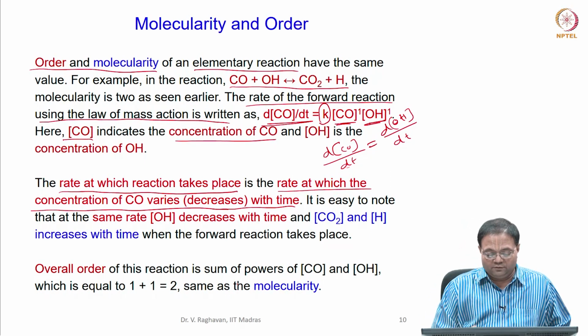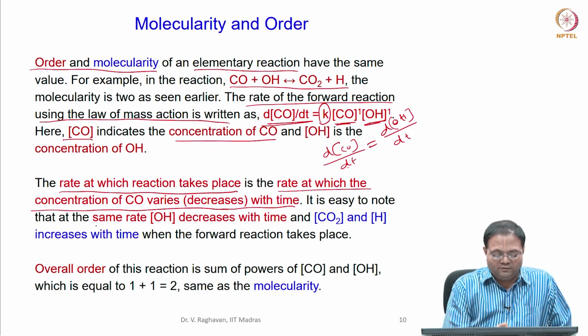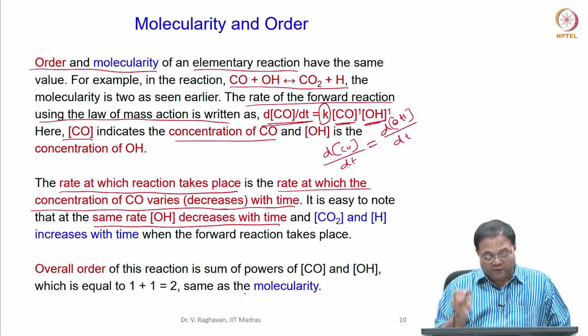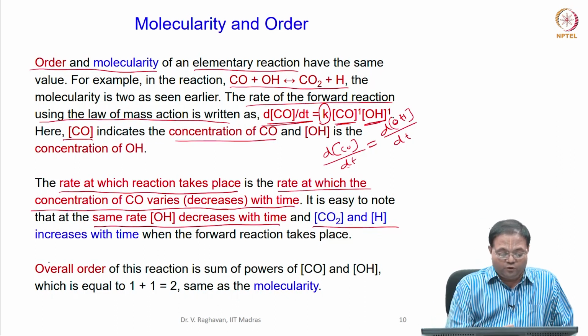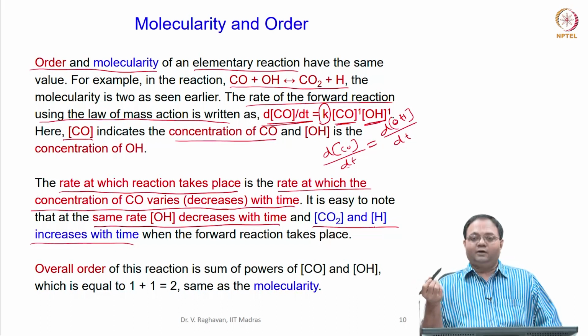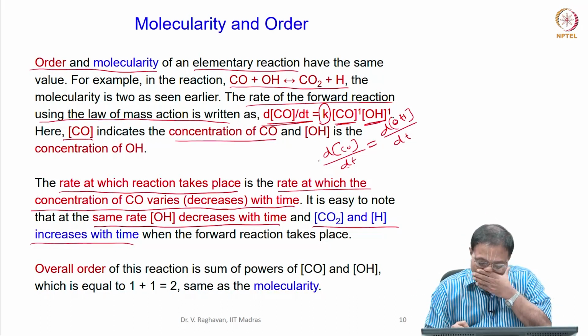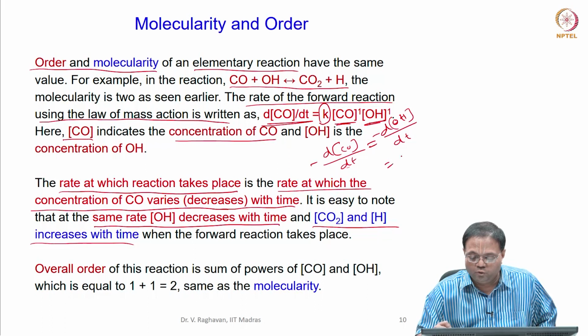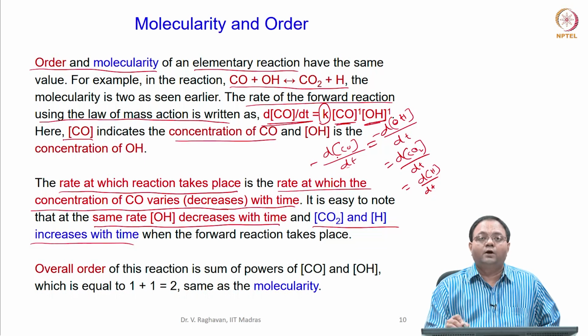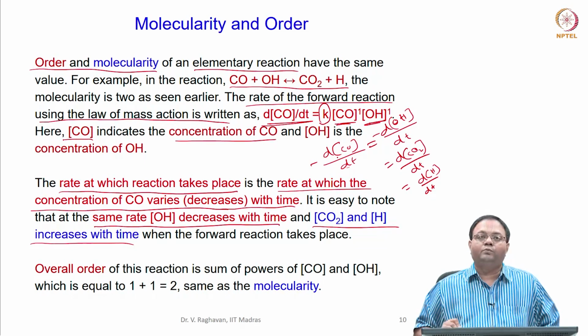So, it is easy to note that at the same rate OH will decrease with time, and at the same rate the concentrations of CO2 and H will increase with time. So, these are negative, and this should be equal to d[CO2]/dt, which is equal to d[H]/dt. The rate at which the reactants are consumed will be the rate at which the products are formed.